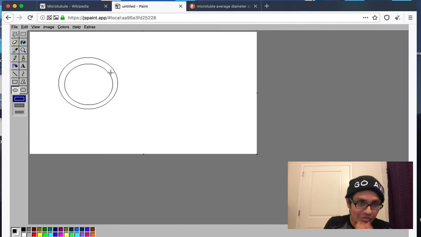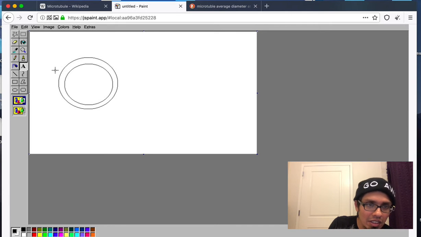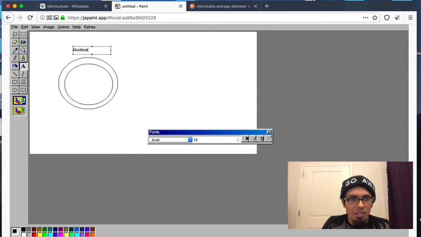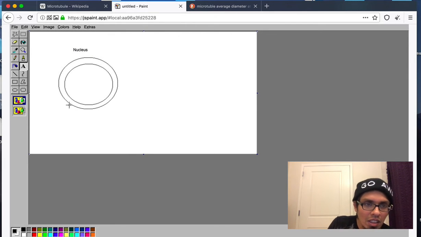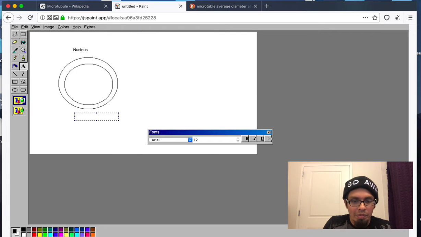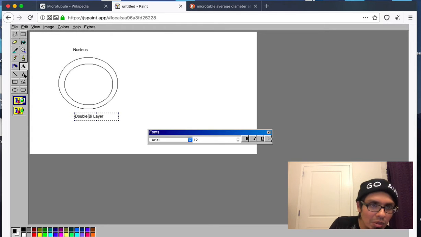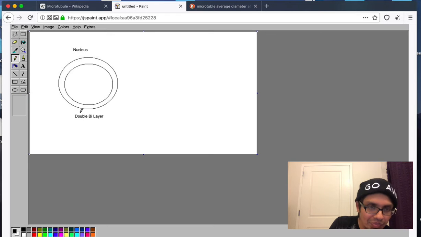Either way, this is the nucleus of a cell, and we'll label this nucleus of the cell. The nucleus is composed of a bilayer, a double bilayer. So not just a single phospholipid bilayer like your cell membrane is composed of, but a double bilayer, the inner nuclear membrane and outer nuclear membrane.